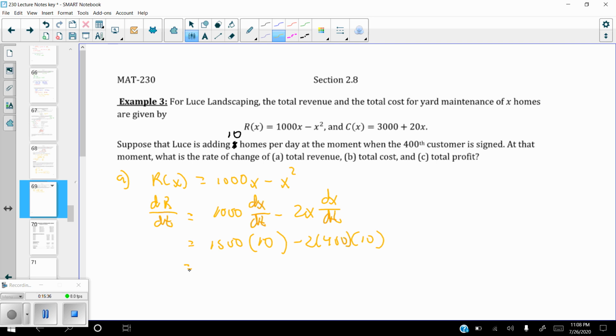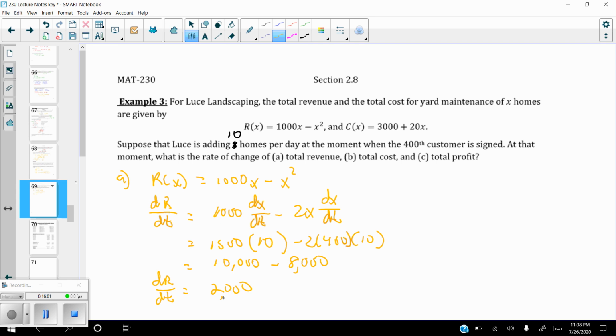So it looks like we're going to get 1,000 times 10, which is 10,000, minus 2 times 400 times 10. 2 times 400 is 800, times 10 is 8,000. So it looks like our dR/dt, or the revenue changing over time, is 2,000.